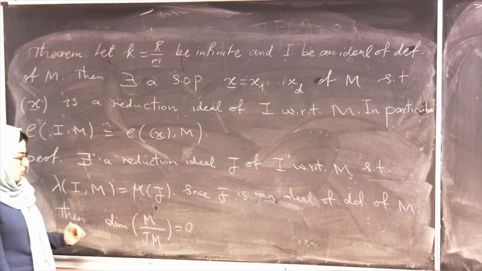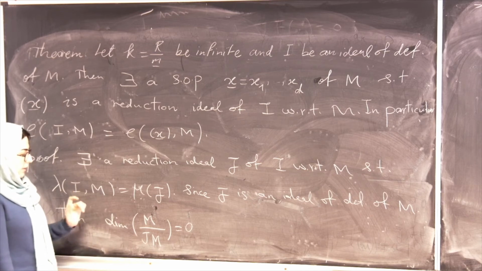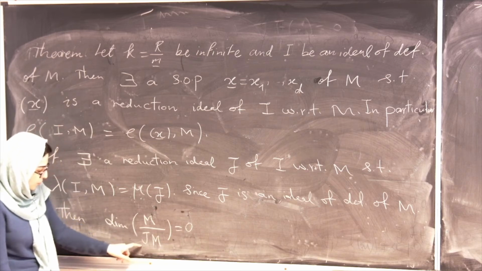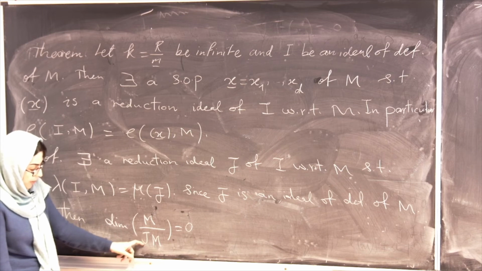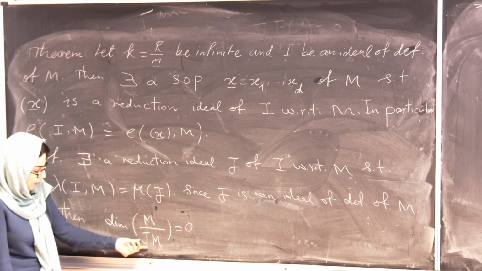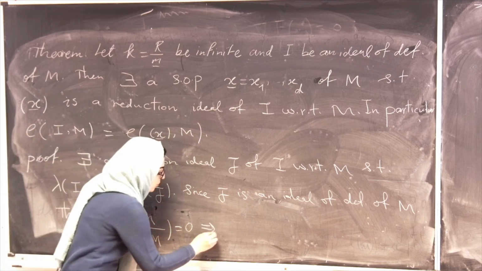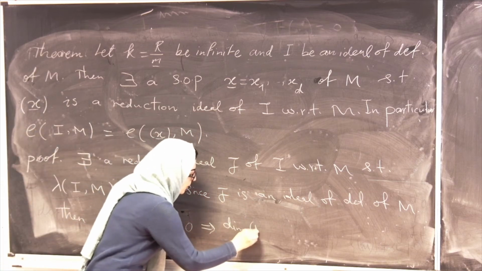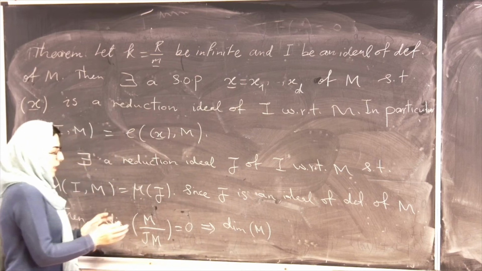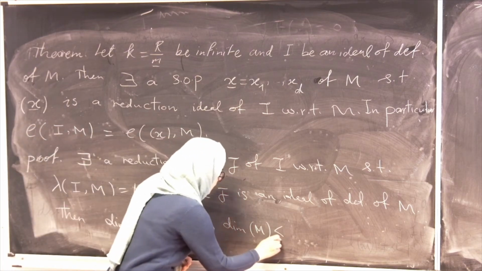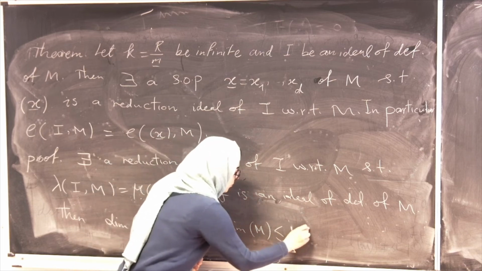And we saw in lecture 1 that when this dimension is 0, the number of generators of J, the cardinality of a minimal generating set of J, is an upper bound for the dimension of M. This was the last theorem that we proved in lecture 1. It says the dimension of M is less than or equal to mu of J.